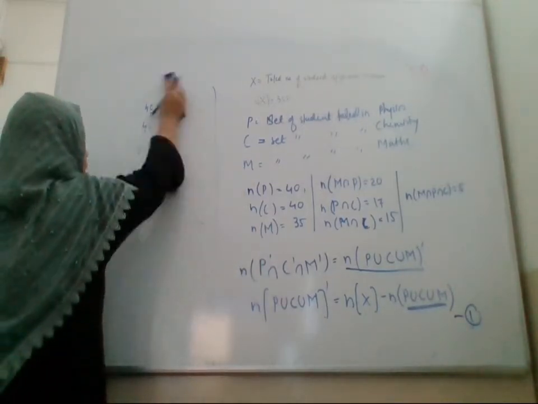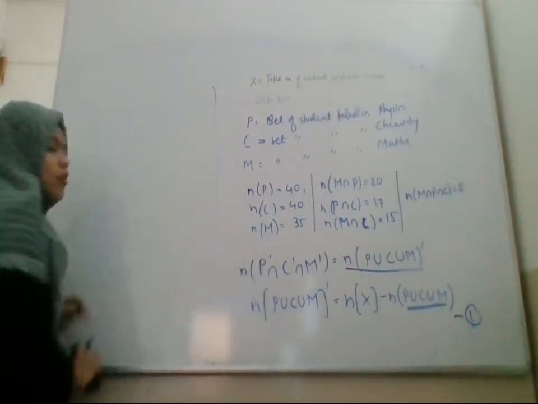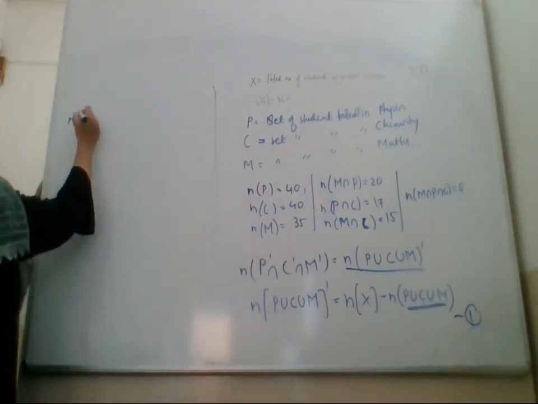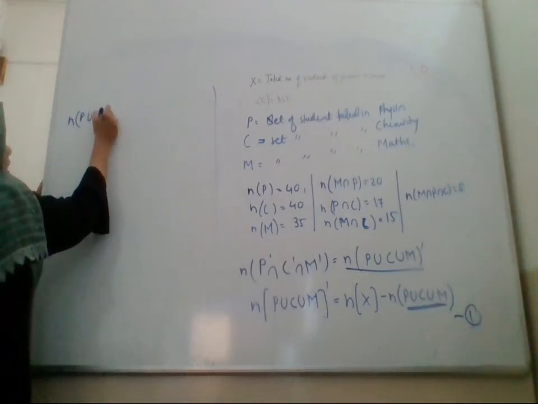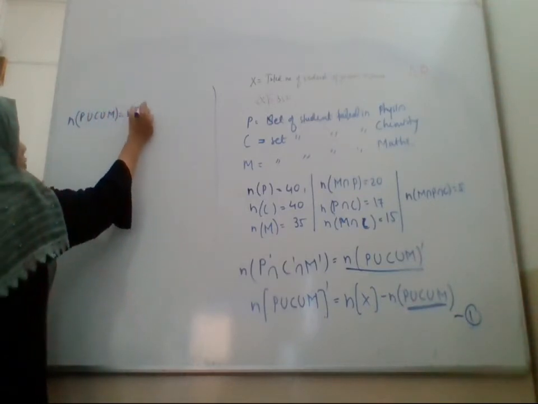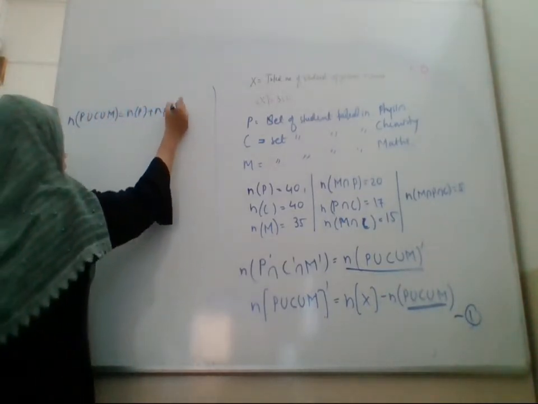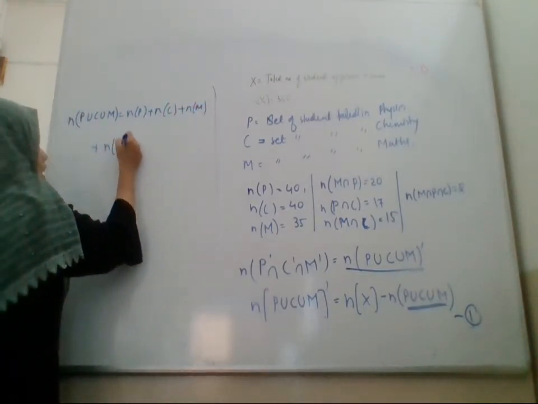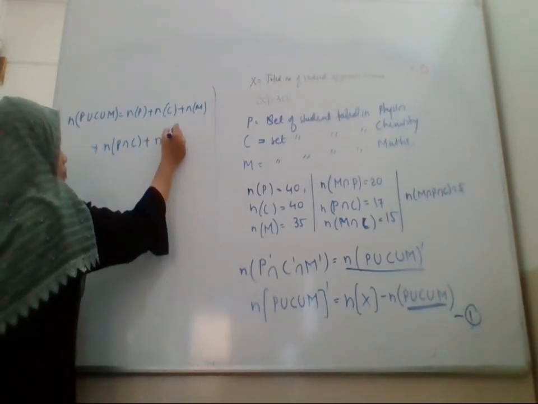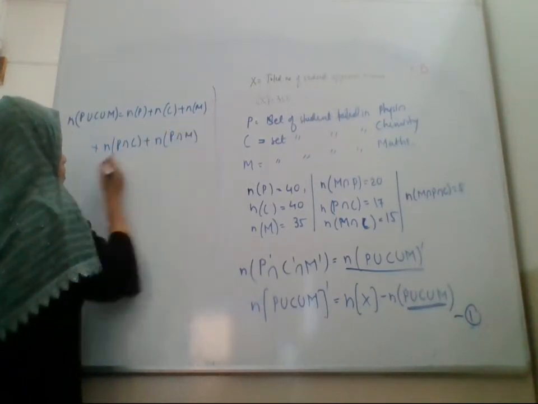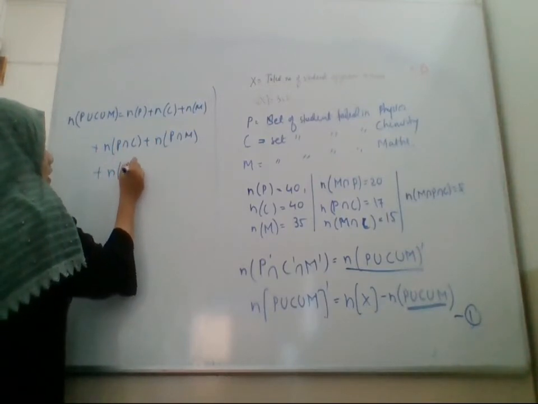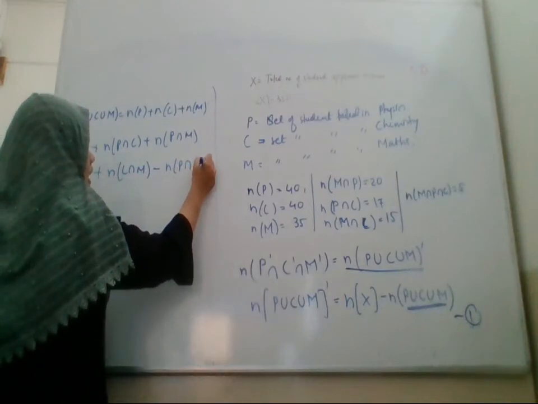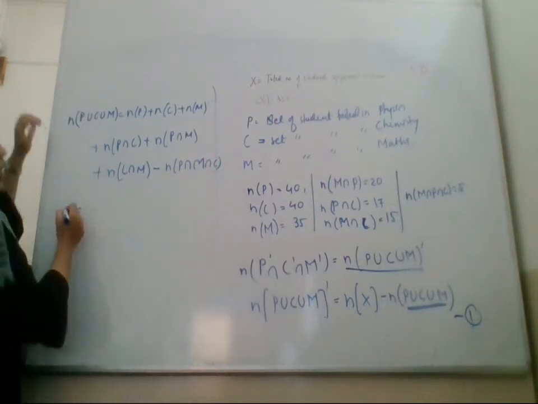We have how to find cardinality of union of three sets. So this formula: n of P union C union M is equal to n of P plus n of C plus n of M minus n of P intersection C minus n of P intersection M minus n of C intersection M plus n of P intersection M intersection C. तो n of P कितना है?